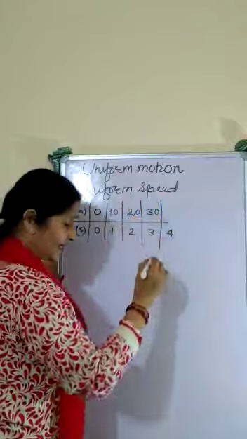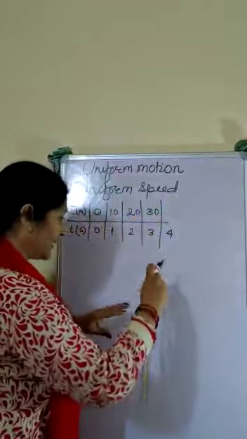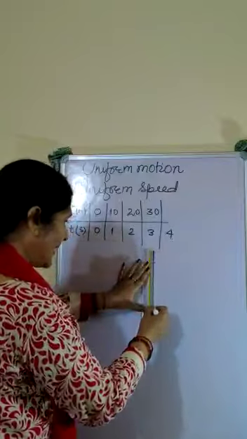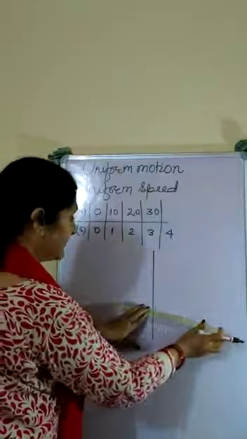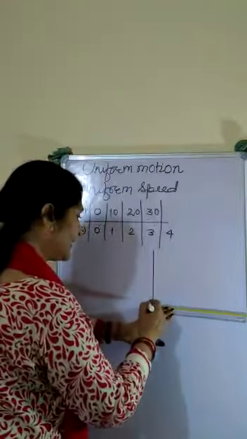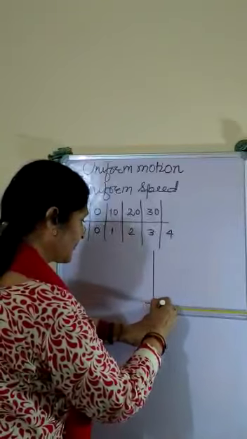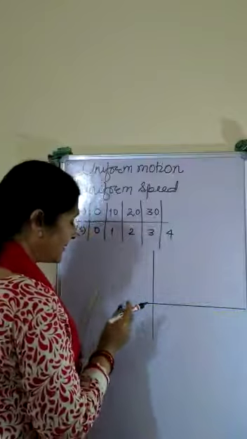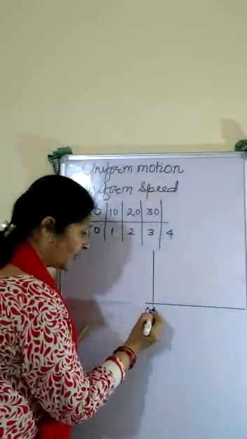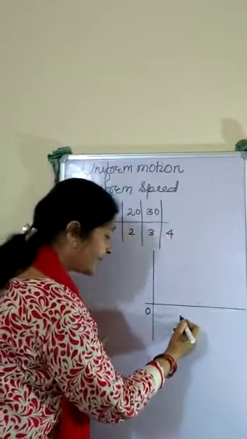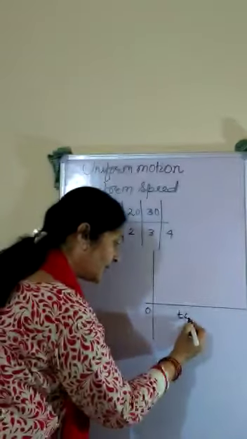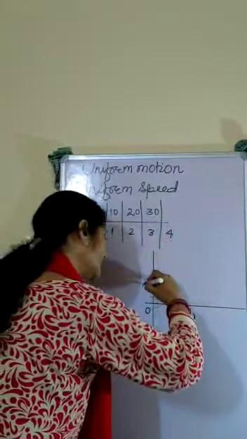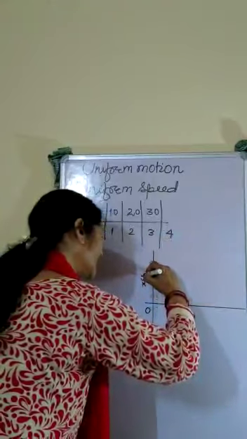In this case we will plot a graph, and again we will take the y-axis and the x-axis. This point is the origin. We will start from here. On the x-axis we will plot time in seconds. On the y-axis we will plot distance traveled in meters.